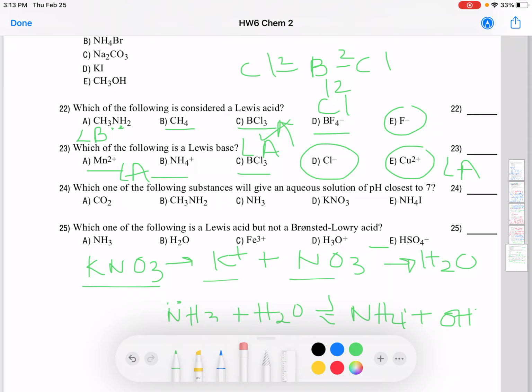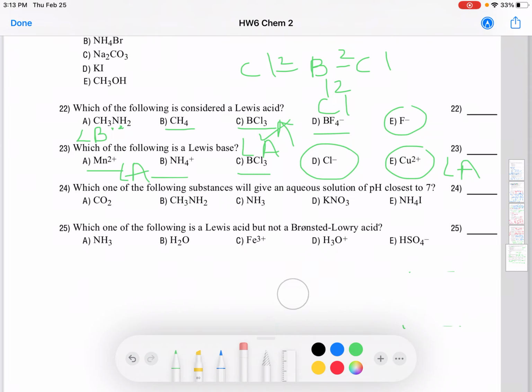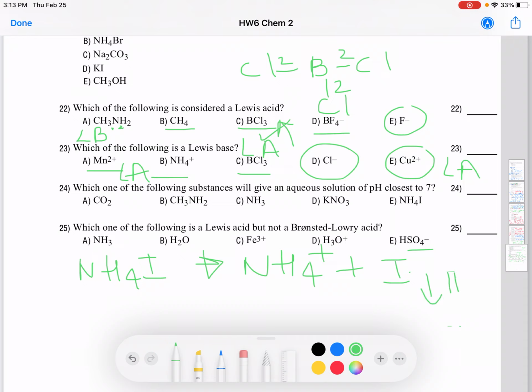Now let's look at the last one, ammonium iodide. Break it into ions, ammonium ions plus iodide. Can iodide react with water? It would generate a strong acid, HI. So it's not going to react with water.